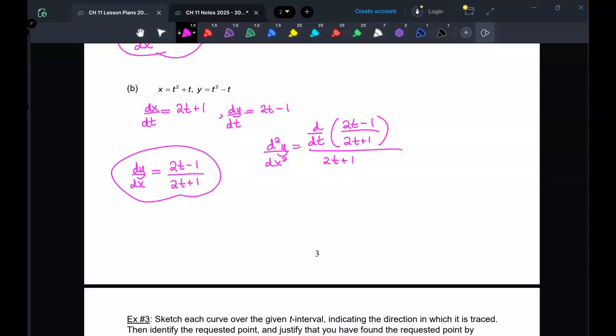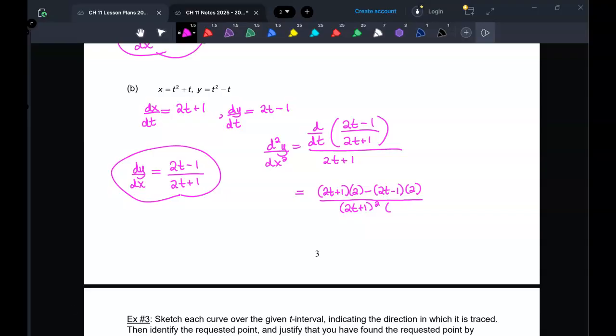Unfortunately, this one does take a little bit of work because we have to do the quotient rule in the numerator. Low d high, take high d low, cross the line, square the low.